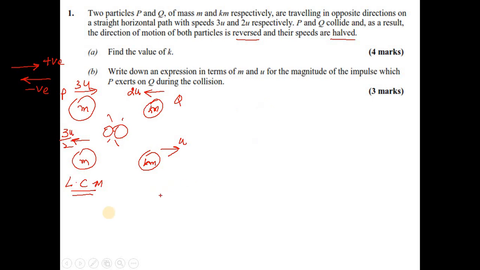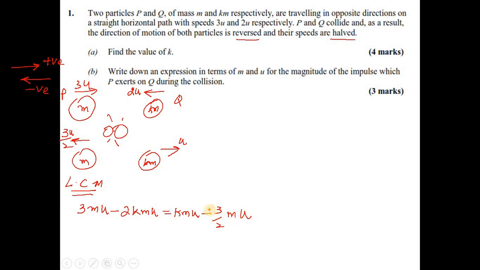So let's apply. Momentum before collision is 3mu minus 2kmu, and this is equal to the momentum after collision. So the momentum of particle Q, which is positive, I'm taking as kmu, and the momentum of particle P after collision is minus 3 by 2 mu.